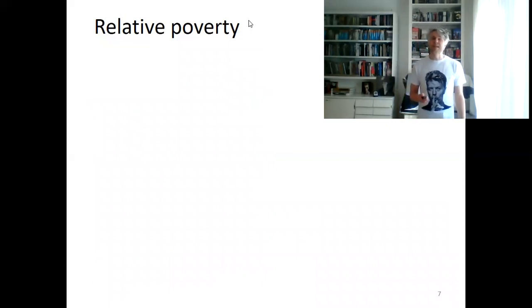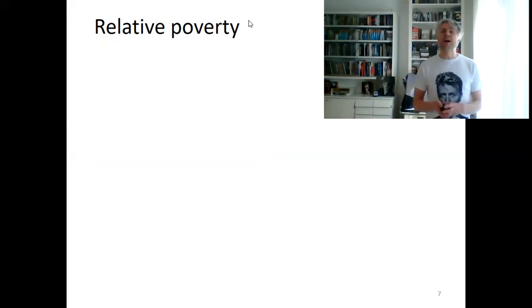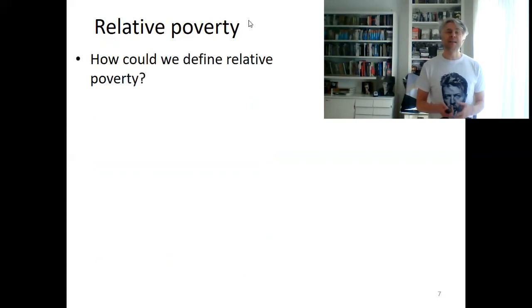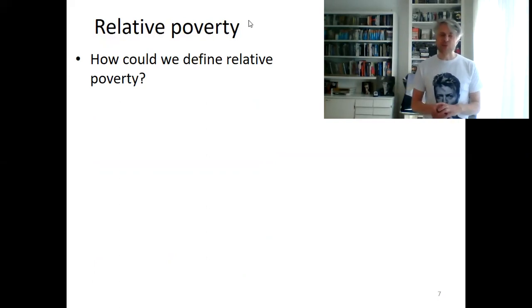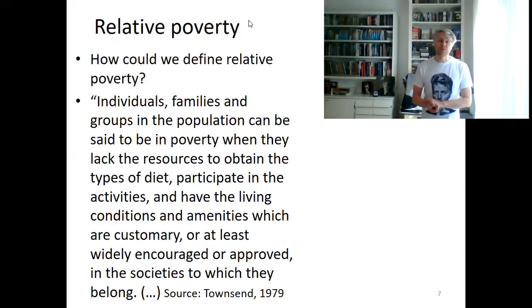First, I want to give you a basic definition of relative poverty. Once again, there are some definitions which are particularly well cited, and my example is one of these. How could we define relative poverty? Maybe I'll let you pause again and collect your thoughts if you haven't already done so. But the well-cited definition I want to give you is this one from an author called Peter Townsend. This is from 1979, so it's 40 years old. I think it's still very relevant today.